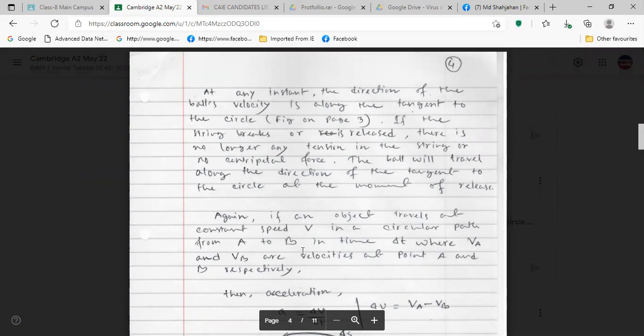Okay, this one you understood, right? Yes, sir. Now here we have a very important discussion. To understand the centripetal acceleration formula is very important for us.